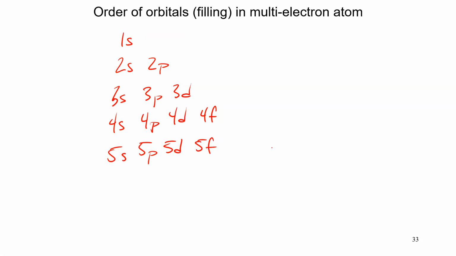I'm not going to put 5g because I told you on Monday there are no elements that have electrons in g orbitals, and so I'm not going to put that there for now.